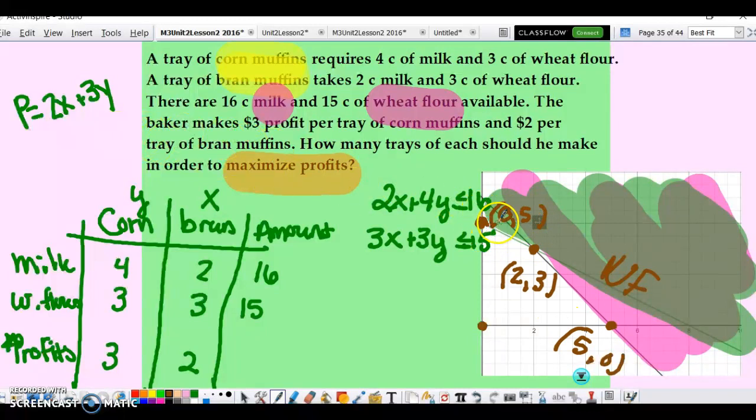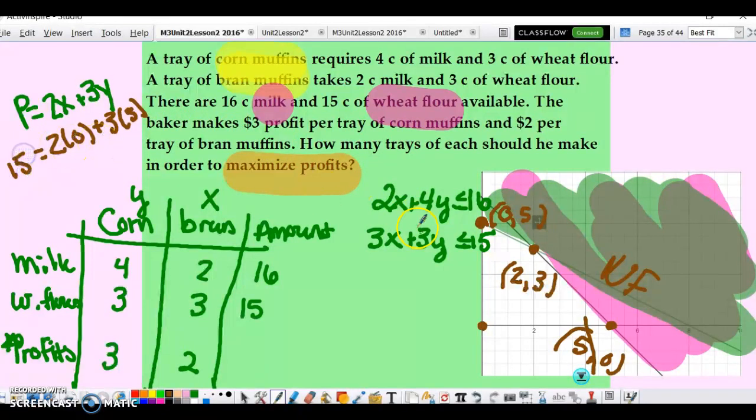Now, remember, we make more money off of a corn muffin, so I'm going to test this one. I'm not going to worry about testing bran muffins because 5 at $2 apiece is not going to make me as much as 5 at $3 apiece. So if I sell no bran muffins, 2 times 0 plus 3 times 5, I will make a total of $15.